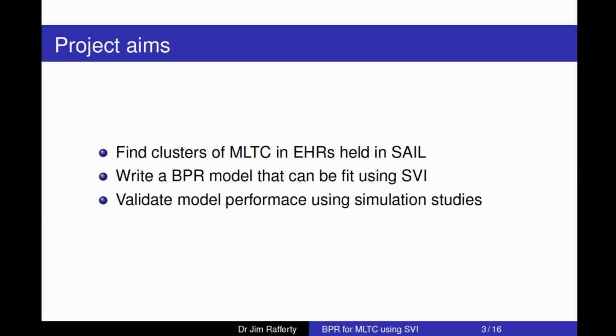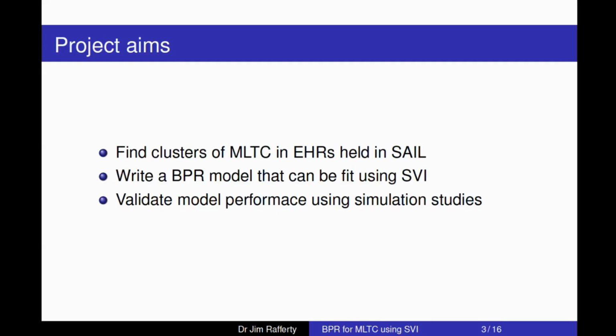At population scale, it's a Bayesian model. I think it's fair to say that Bayesian models are more challenging to fit than frequentist models. So we couldn't use MCMC, Markov chain Monte Carlo sampling.